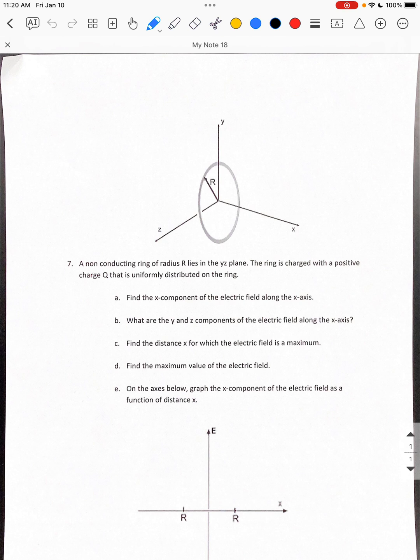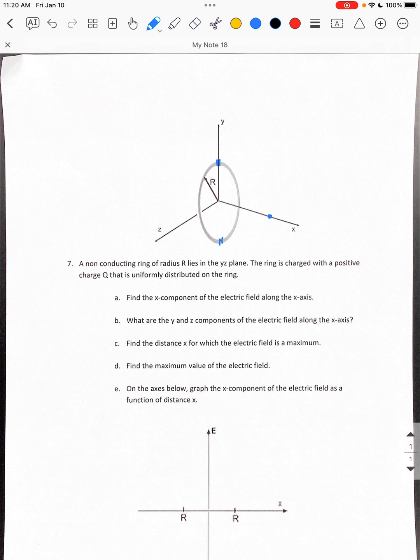So the first step of this problem, in order to find the x component, I always want you to start with taking symmetric positions on your charged ring, and we can choose any arbitrary position on x and call that a constant, and we're going to identify what direction the electric field would be for two symmetric positions.